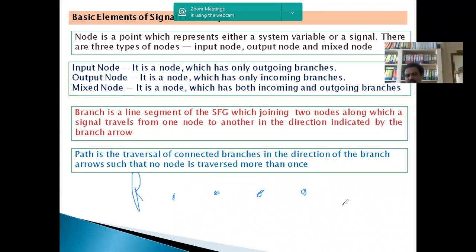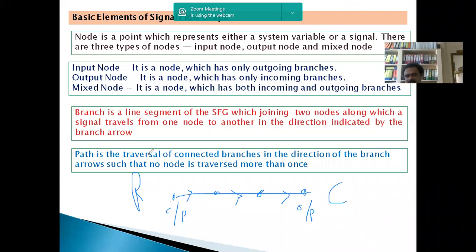So this is the input node and the output node. The branches are connected in this particular fashion, and the signal is flowing from input node to output node. So this is called a path from input node to output node. The signal is traveling from input to output. So this is called one path.